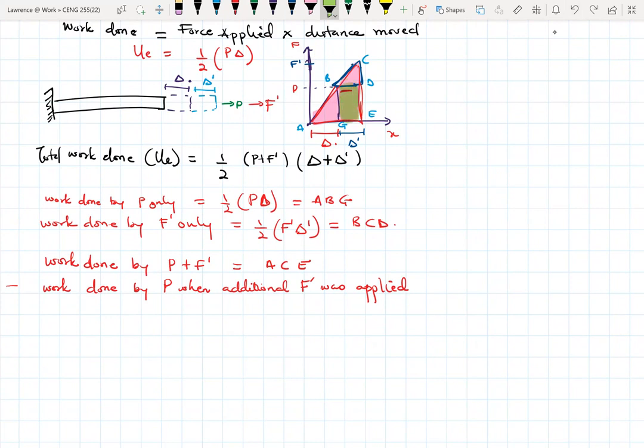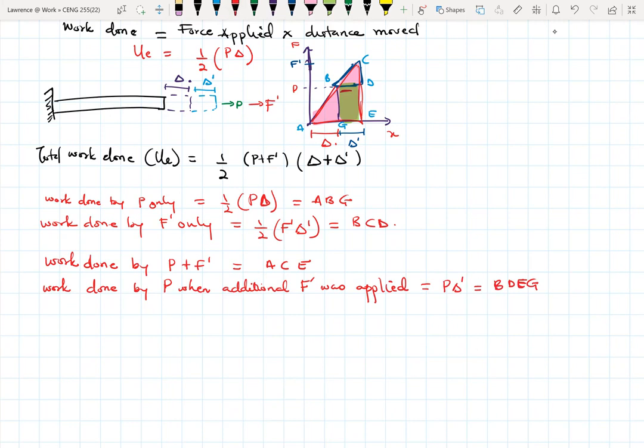This region here is as a result of the additional load that was applied. So the F prime that was applied will cause another work done by P. And this will be a rectangular work done, and it will simply be P times delta prime, equal to the region BDEG.